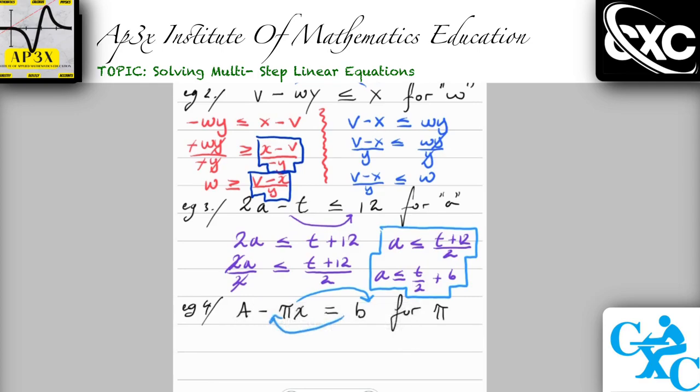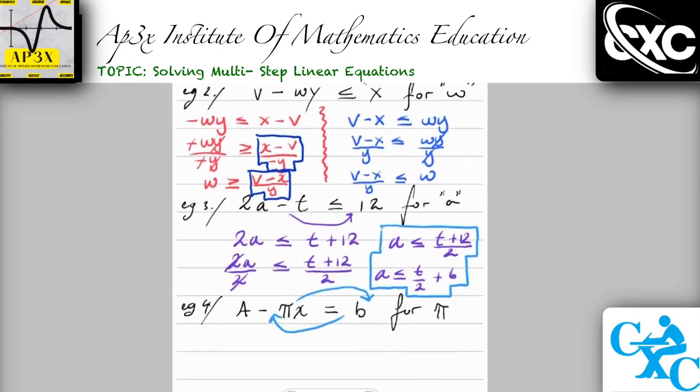So I want to find the smoothest way to get to my answer. All right, so I'm going to end up with, a small b becomes negative b, and then of course this is equal to then negative pi x becomes positive pi x, and so a take away b becomes a take away b.